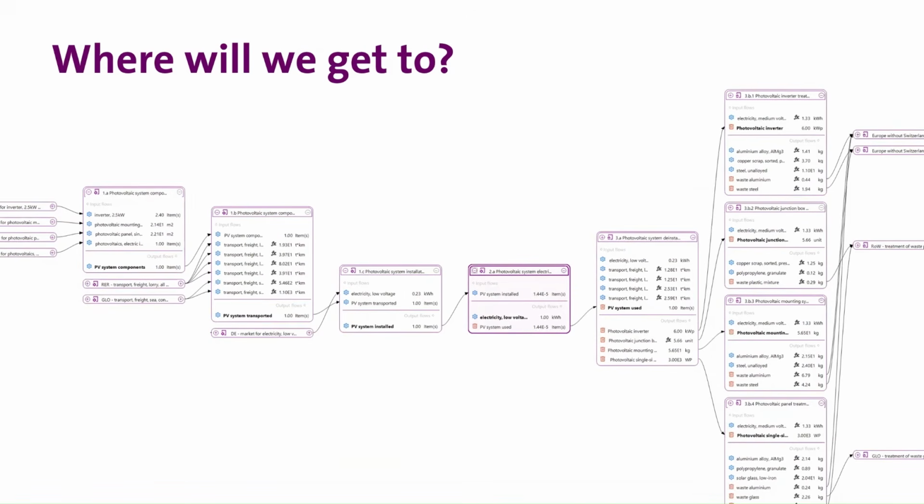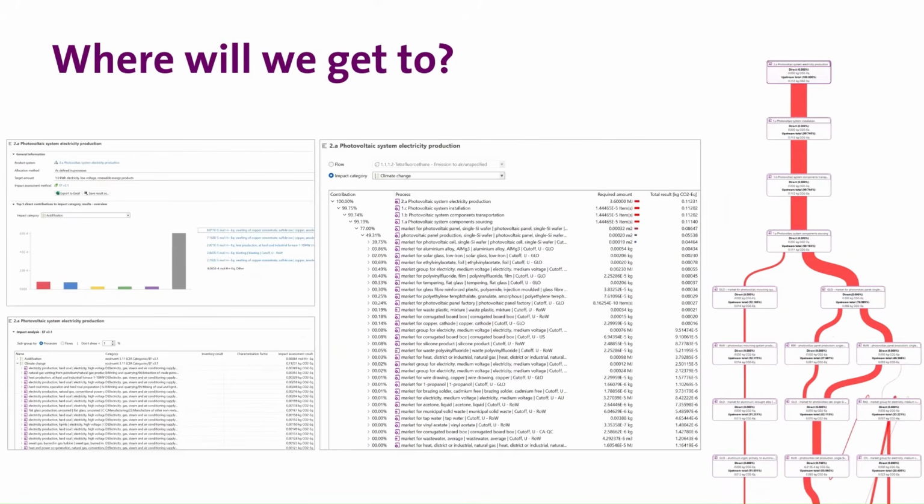And in this particular case, we are looking at the model graph that we are going to obtain. And of course, we will also obtain the results of the life cycle assessment. We are going to see the impacts of this photovoltaic system, namely on climate change, and we are going to see the different ways to visualize such results within openLCA.